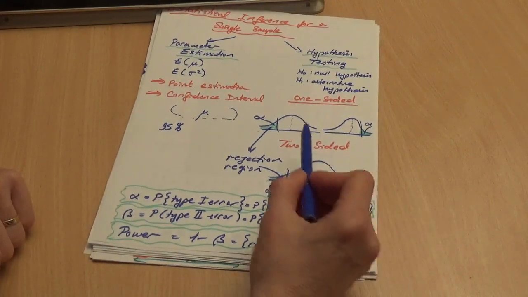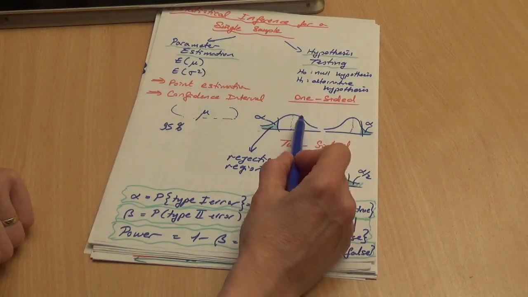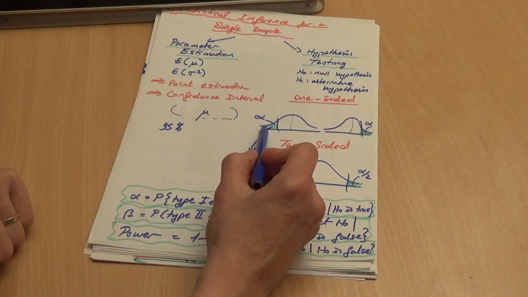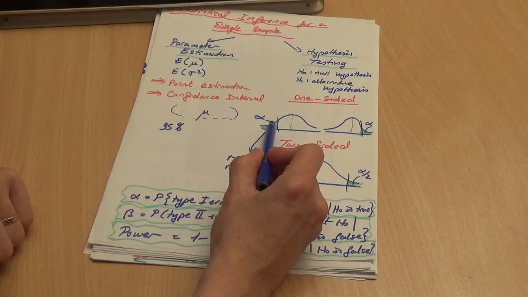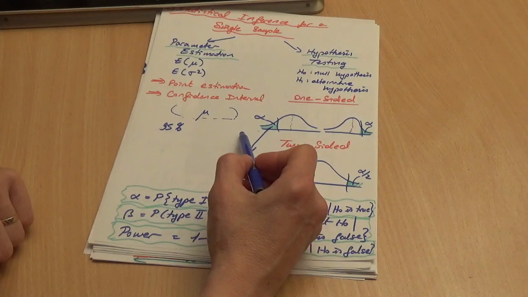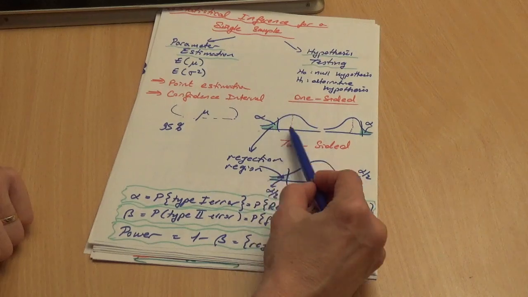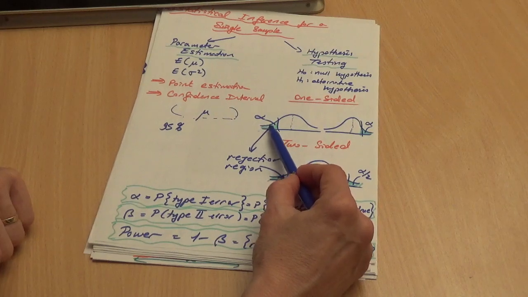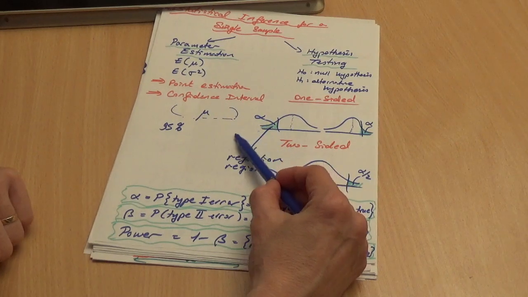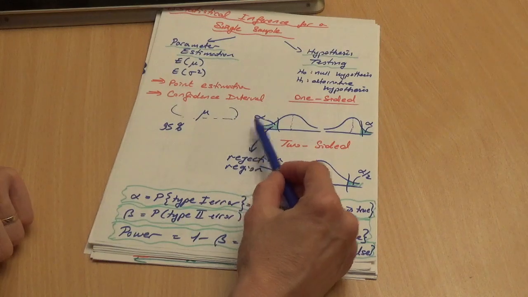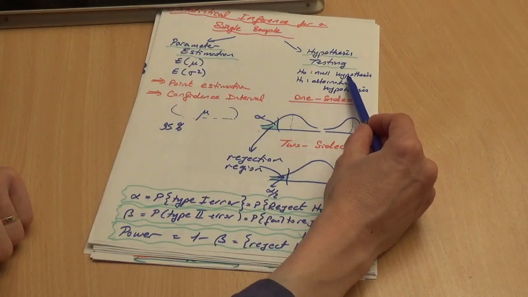So since this is the distribution of the population, there is a possibility that we have chosen a sample from here. If we chose from here, it means that the sample doesn't actually represent all the population, but there's the possibility of choosing from this area. We could have chosen a sample from here, and this is actually the reject area of the null hypothesis.